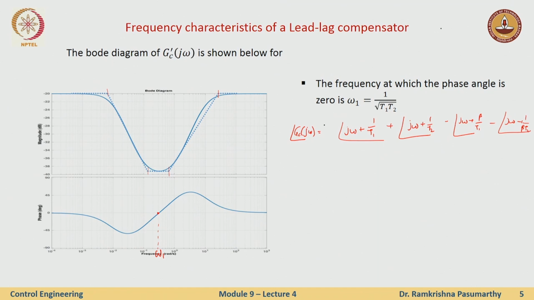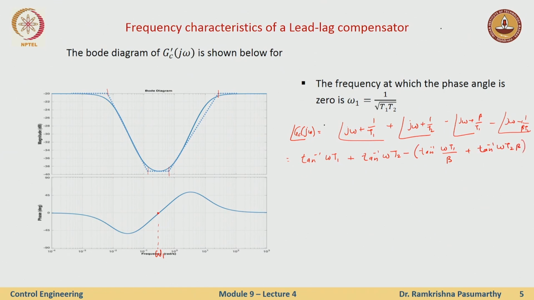This can also be written as tan inverse of omega T1, plus tan inverse of omega T2, minus tan inverse of omega T1 over beta, plus tan inverse of omega T2 times beta.